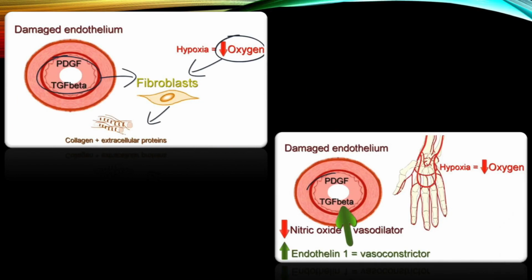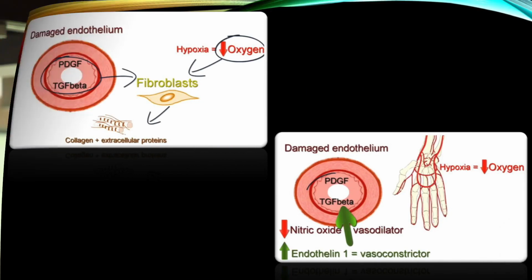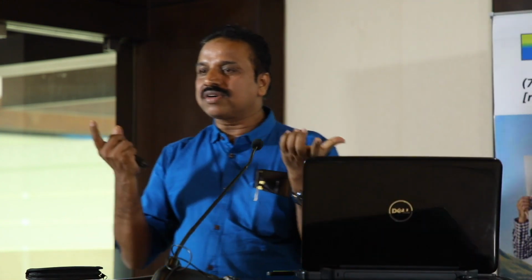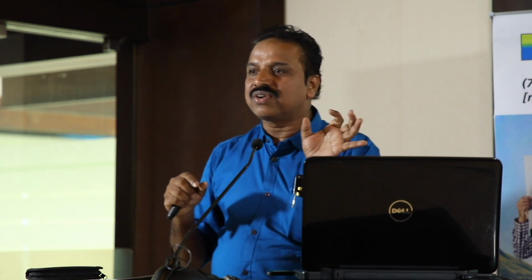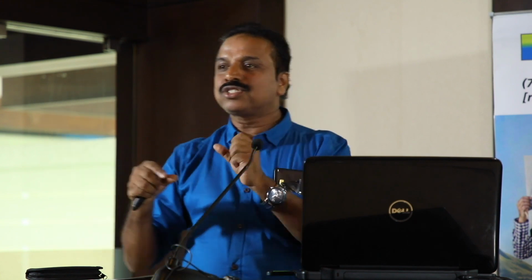Endothelin is concerned with vasoconstriction. In a normal person, if there is more endothelin, the vessel can get squeezed. And nitric oxide is a potent vasodilator. So the level of nitric oxide comes down and the level of endothelin goes up. These two put together, there will be a spasm of the blood vessels. That happens in this patient.